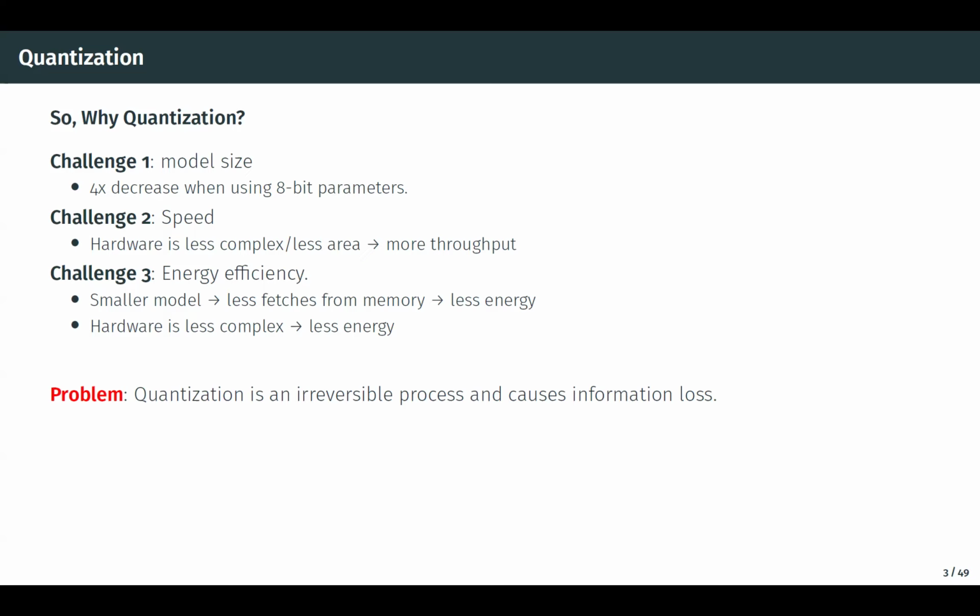And then we increase the speed, and therefore we have more efficiency in terms of energy, because the fewer accesses you make to memory, the less energy you're spending in your hardware. Of course, quantization comes with a trade-off because you will lose some information when you do any quantization, as we will demonstrate.